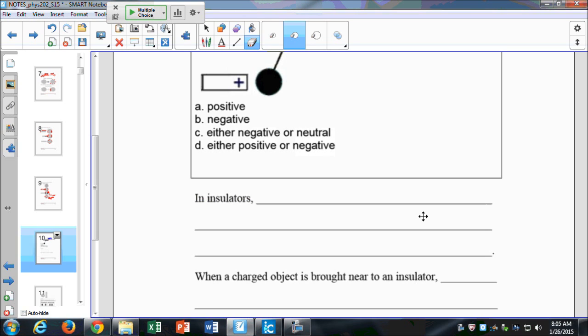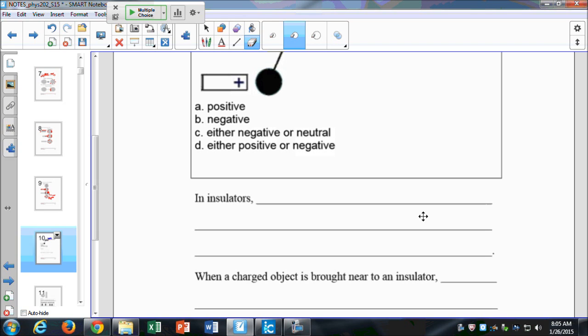Let me show you something. So, you might have seen this before. I can attract objects that are insulators by setting up this sort of induced charge in them.